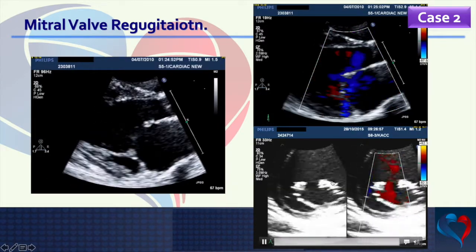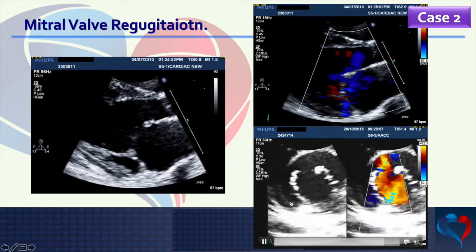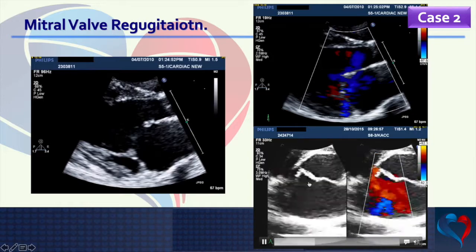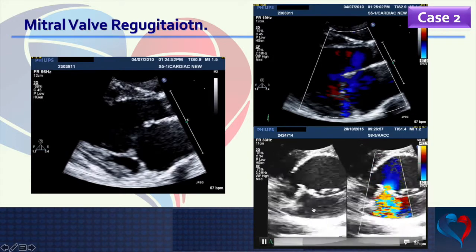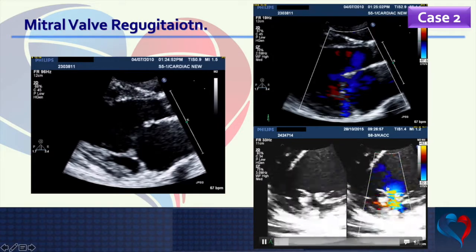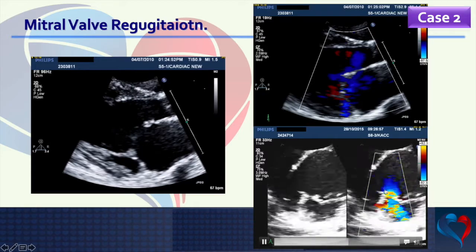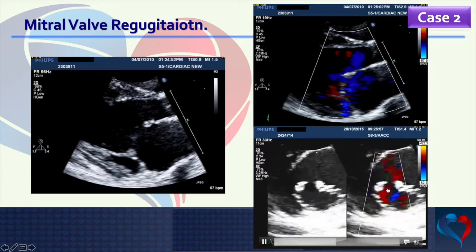This is the short axis of the same patient, and you can see the anterior mitral valve leaflet, and there's a defect at the anterior mitral valve leaflet, while the posterior leaflet is intact. The mitral valve regurgitation jet is originating from this defect in between the two leaflets.